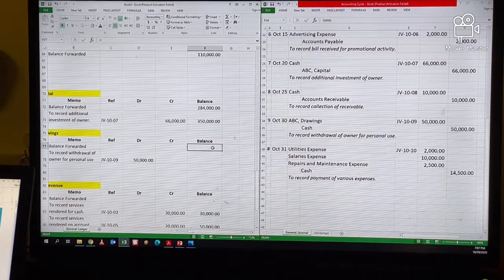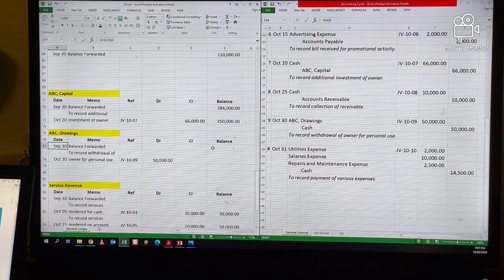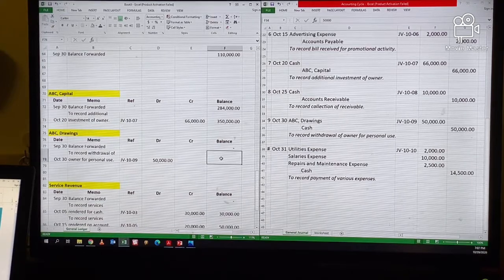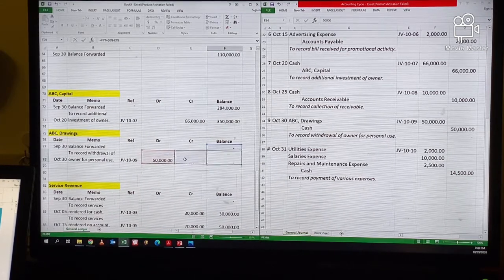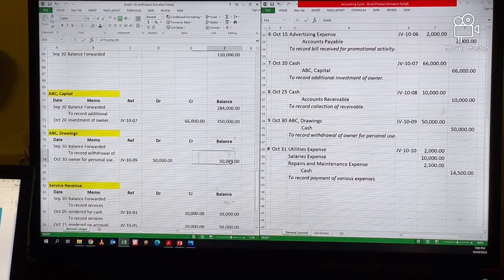Kasi ang normal ng capital ay credit. So, since kabaliktaran siya or contra equity siya, kaya ang normal balance niya ay debit. So, yung balance mo, any debits, i-add mo yon at ibabawas kung may credit. Kaya, nag-increase siya. So, 50,000 yung drawings.